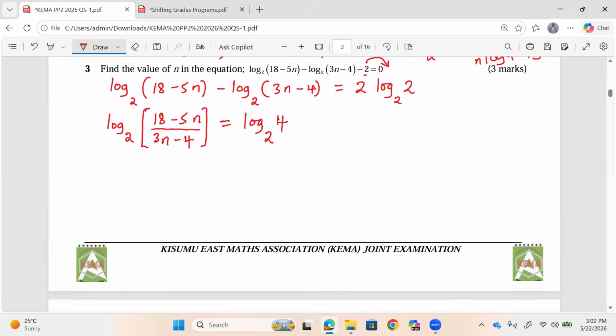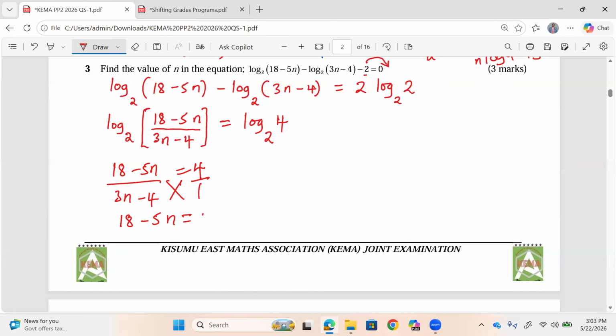So at this point now we can drop the logarithms, we equate the two sides and we solve. So 18 minus 5n out of 3n minus 4 equals to 4. Cross multiplication will give us 18 minus 5n being the same as, 4 will open the bracket here. 4 will multiply everything here after the cross multiplication.